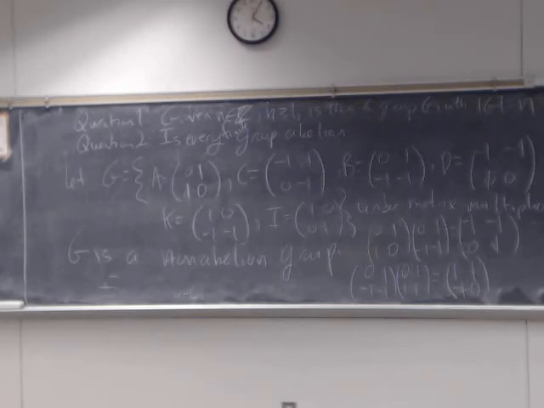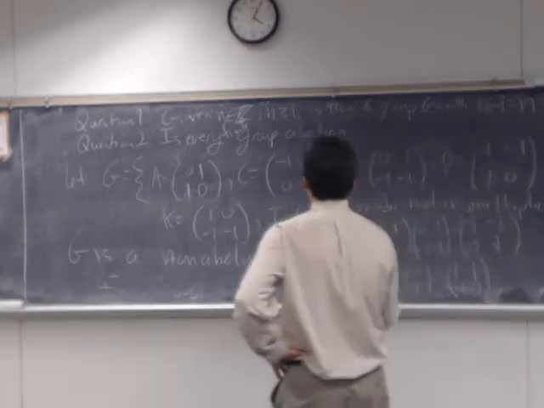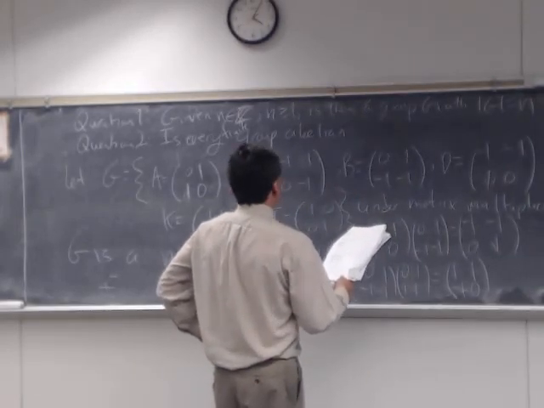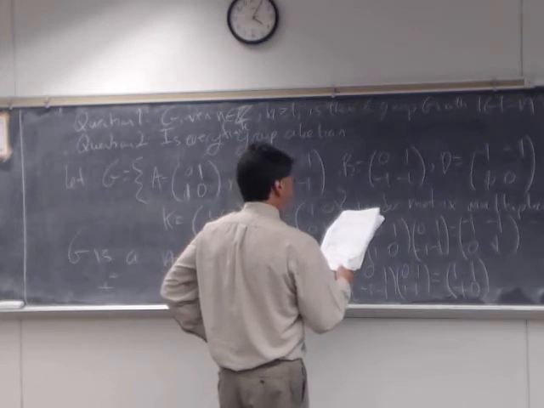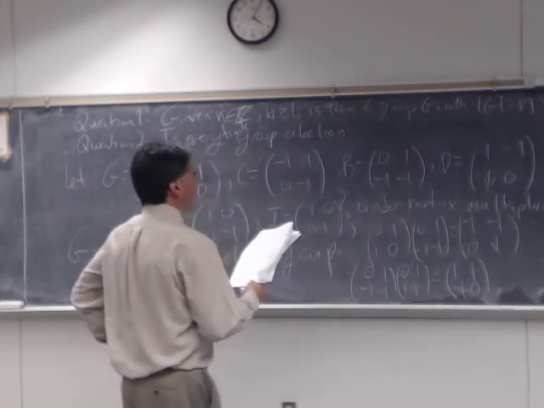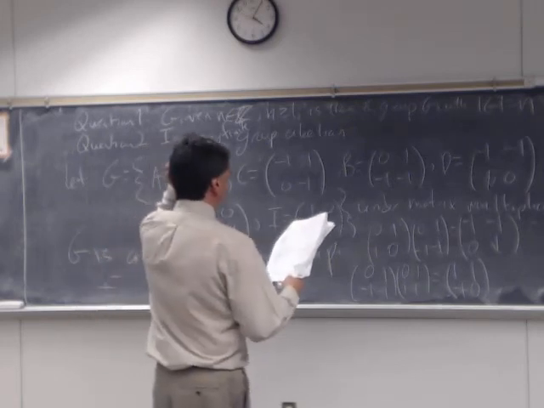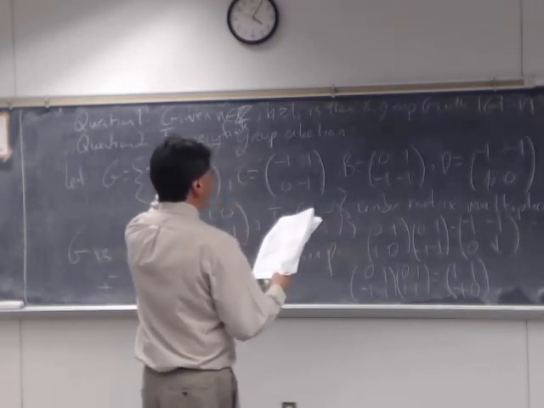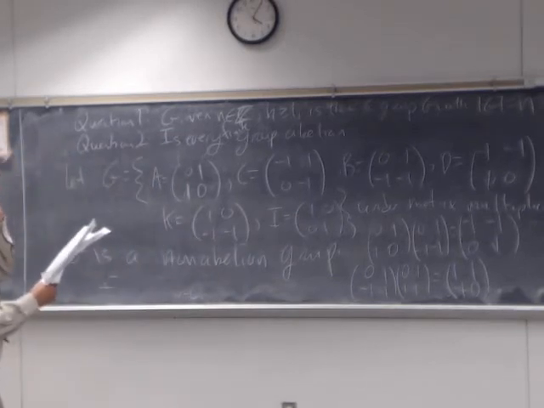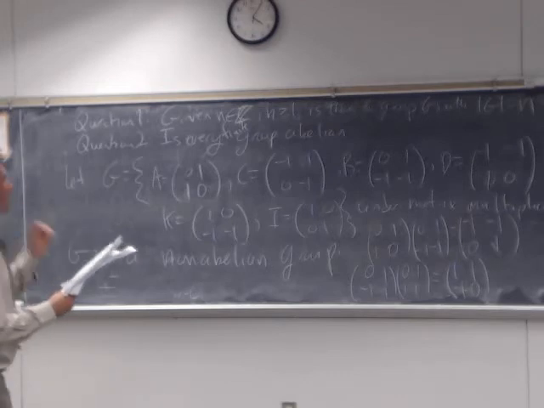If those are not labeled correctly, we would need to do that. I certainly have B and D correct. They give us the identity. So they're okay, but I think I need to look at these matrices.